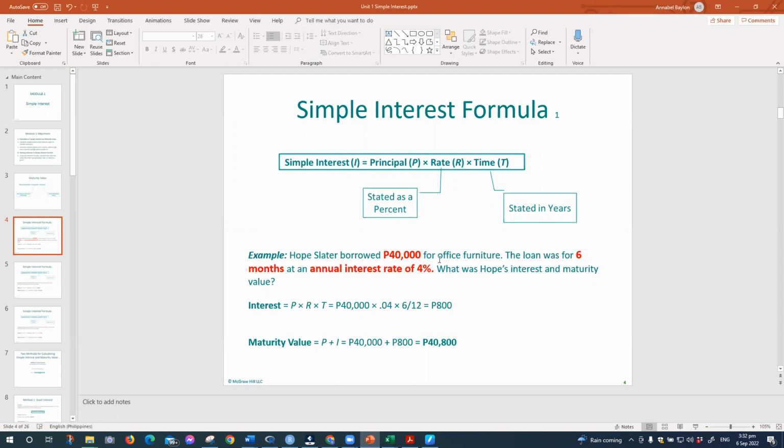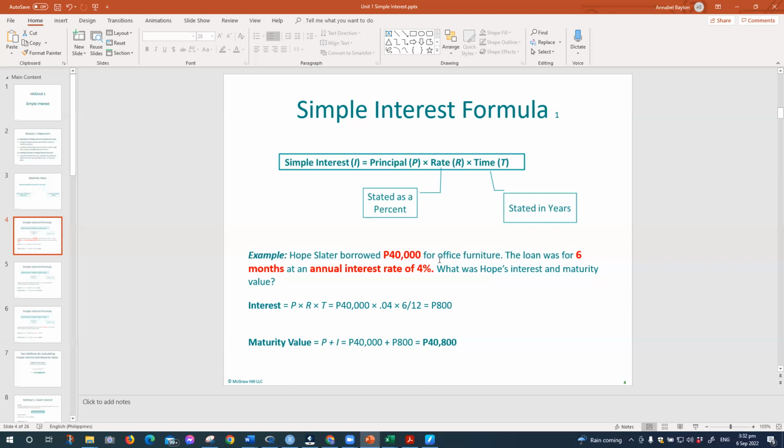If there's no qualifier. However, pag sinabing 1%, monthly rate na yan. Iba na yon. So yung 1% na yon, monthly yon. But with no qualifier, with no description, pag sinabing 10%, annual rate na yan.